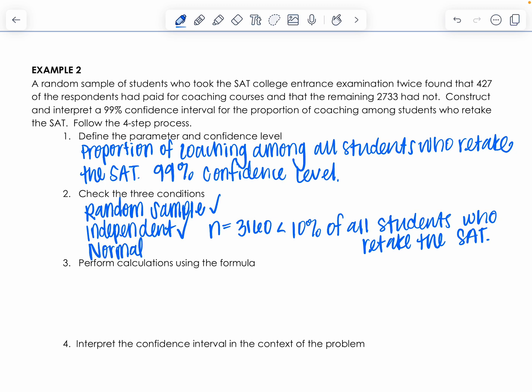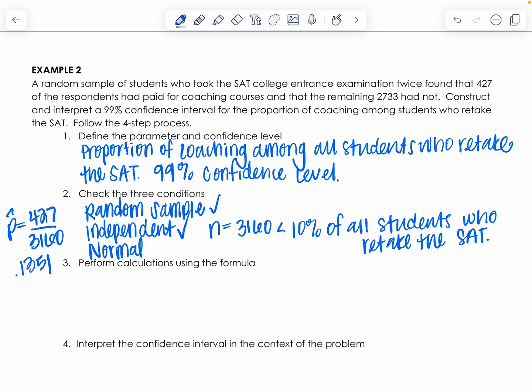All right, so our p hat value, let's see here. We are looking for the proportion of people who had coaches, and 427 of our sample did. So 427 out of 3,160 is 0.1351.